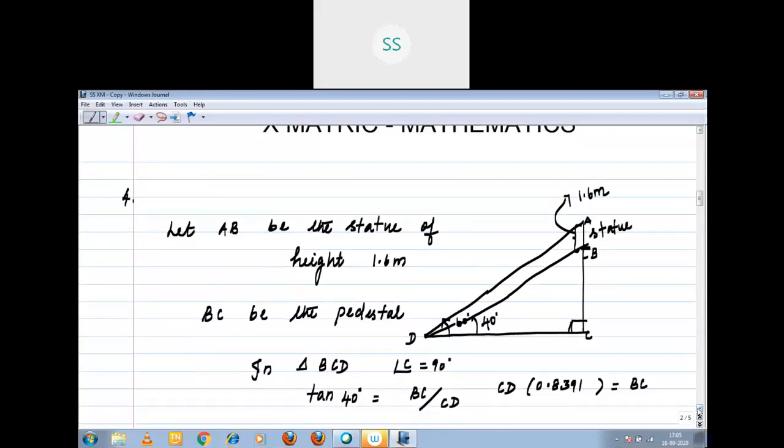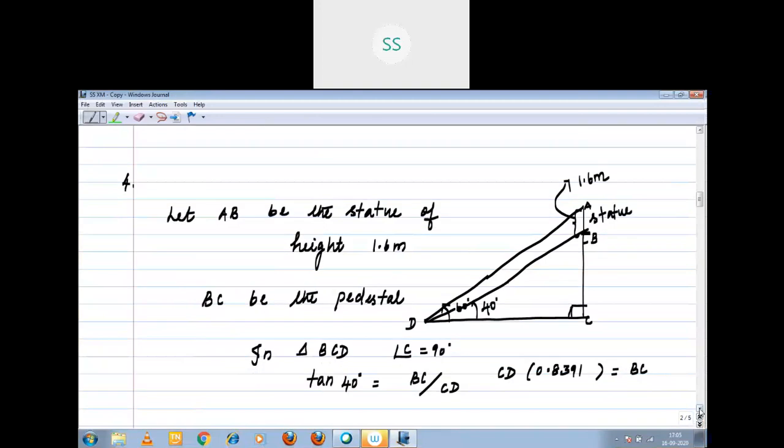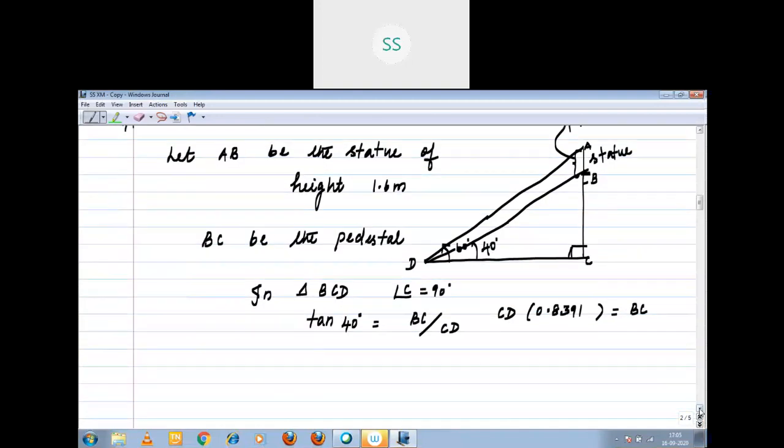Got it, children? Now, they are expecting us to find the height of the pedestal, BC. CD equals BC divided by 0.8391.